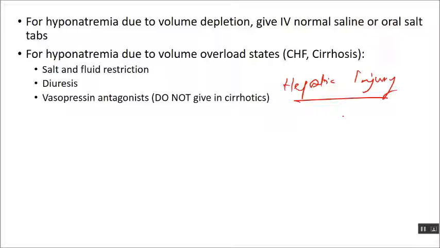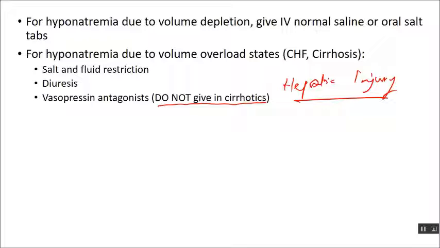That's the biggest concern, and that is one of the reasons why you do not want to give these agents in the cirrhotic population. In real practice, I have seen some of the liver specialists and transplant surgeons using it to get the patient tuned up for surgery. But from an internist standpoint, it's important to know that these agents cause hepatic injury, and at this point, you should not be putting cirrhotic patients on them.